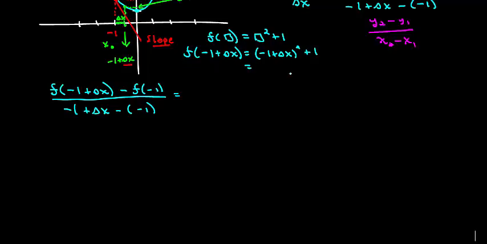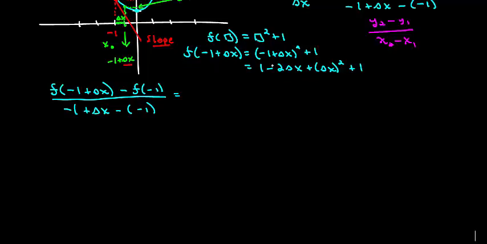Now we'll go ahead and do our math out here. So it's negative 1 times negative 1, which is positive 1. So we're going to get 1 minus 2 delta x plus delta x squared, and then plus that 1 still at the end. If you FOIL this, you get this.